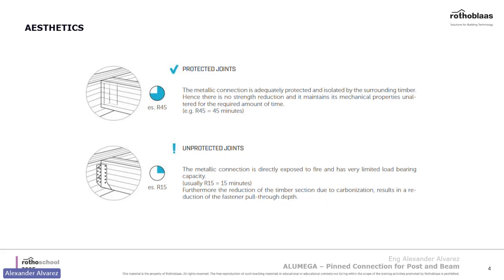So people prefer to keep the metal hidden, so that in case there's a fire, the fire wouldn't heat up the metal and make the wood burn up as quickly as possible. We can talk more about fire protection later on the slide, but that's something to keep in mind when it comes to these types of hidden connectors.